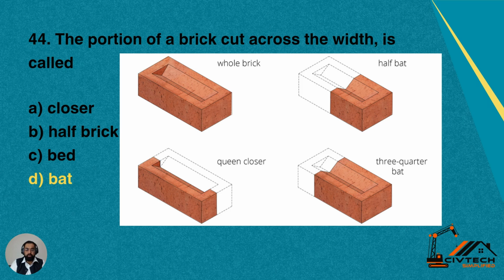So my explanation earlier was relating to this, that this question can come otherwise, like it can be said that a portion of brick cut across the length is called. So once it is cut across the length, it will be a queen closer. And once it is cut across the width, it will be a bat. So three-quarter bat is also shown in the lower right picture. So this picture will give you an idea of what is half bat, what is three-quarter bat, and what is queen closer.